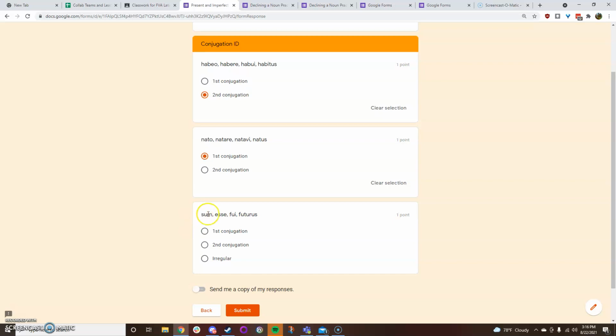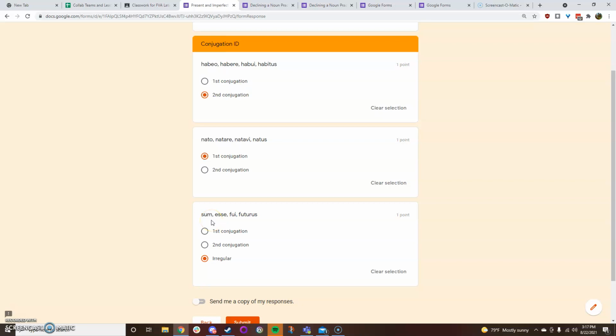And then lastly, we have sum, esse, fui, futurus. If you see that the second principal part, in this case the word for "to be," does not end with an -ere, that most likely means it's irregular. Irregular means it doesn't follow the typical patterns of other verbs. For example, we know that sum means I am, es means you are, est means he is, sumus, we are, estis, y'all are, and sunt, they are.